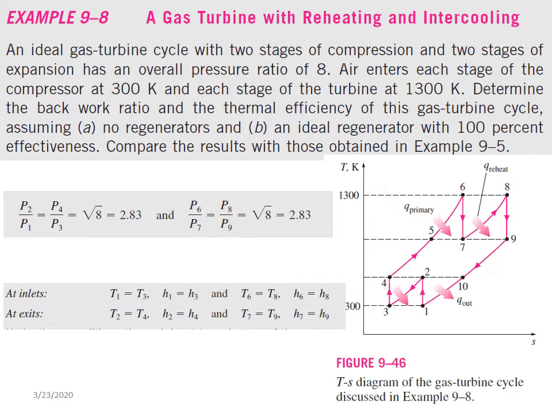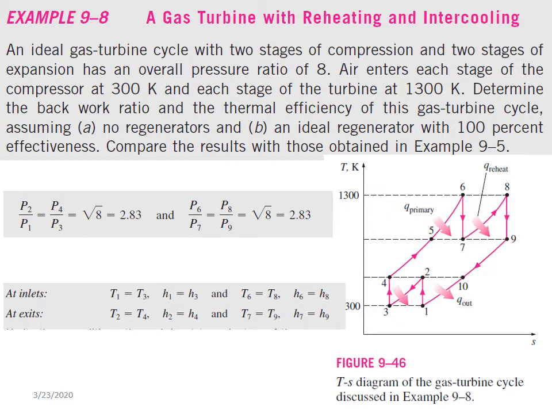So in order to solve this problem, an ideal gas turbine cycle with two stages of compression and two stages of expansion is considered. The back work ratio and the thermal efficiency of the cycle are to be determined for two cases: when there is no regeneration and when there is maximum regeneration.